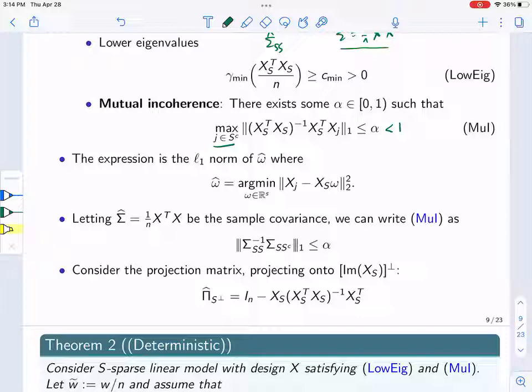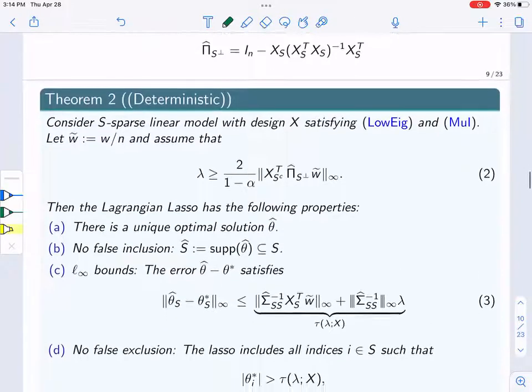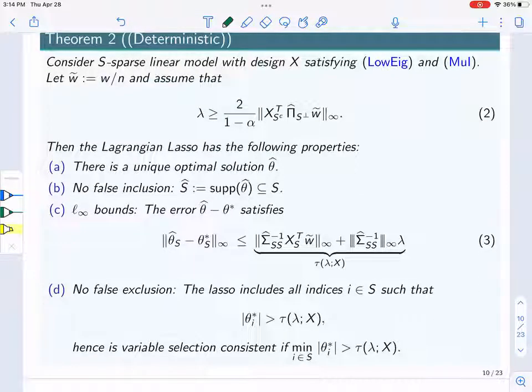I'm not going to prove this. This is called mutual incoherence, but if you have time and you're really interested, at the end we can come back, or you can take it as a project and try to prove it. The overview is that you prove a theorem which is deterministic, and then you verify the conditions stochastically.